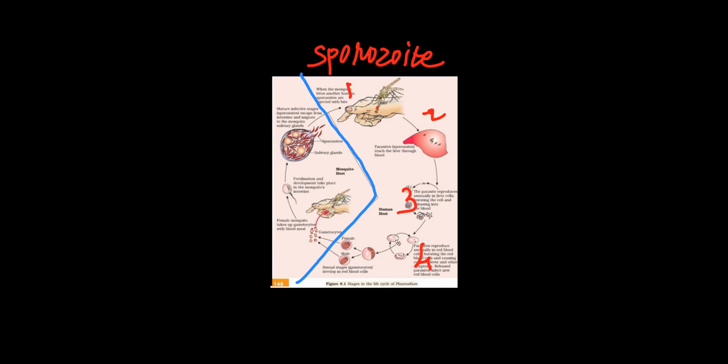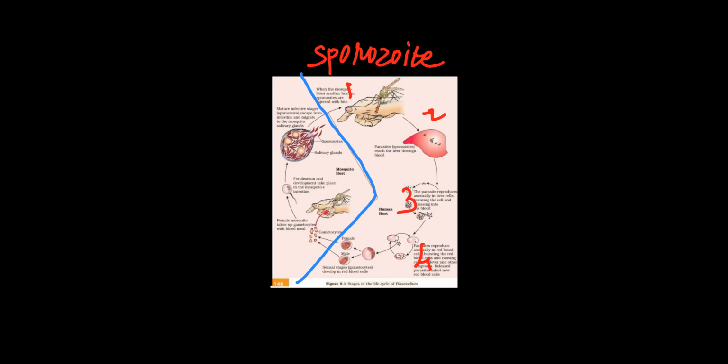Now their second round of reproduction will be in RBCs. First was in hepatocytes. Now when they enter the RBCs, they change their shape. They assume an amoeba-like shape, in which they develop pseudopodia.